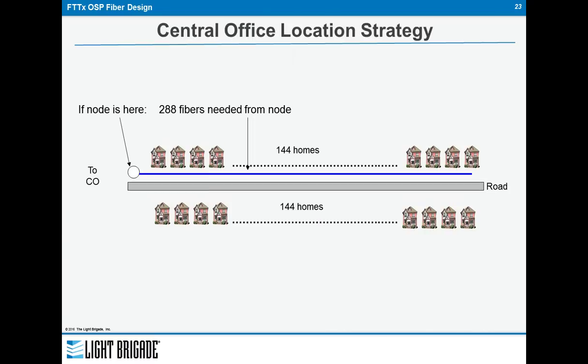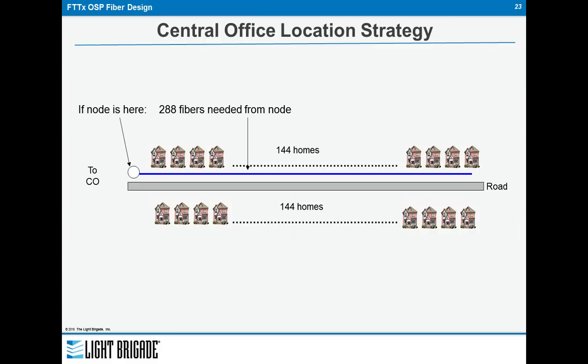This next slide is a good graphic supporting the argument that placing an element that serves an area is better off in the middle. So we have a total of 288 homes. And this could be the node, it could be our cabinet. We're doing a home run, bringing all the fibers to that one location. With 288 homes, we're going to need a 288 fiber cable to support it.